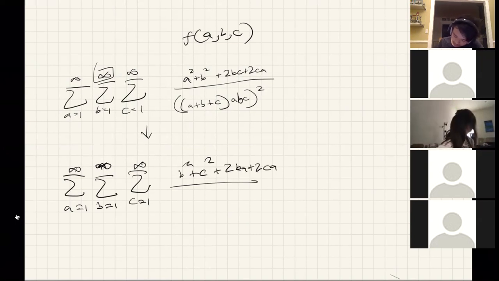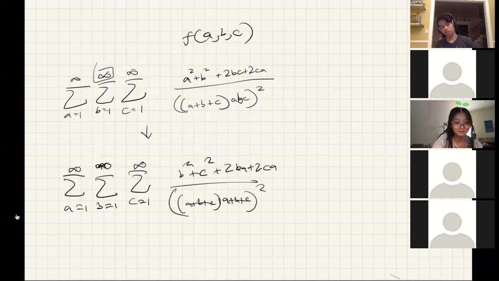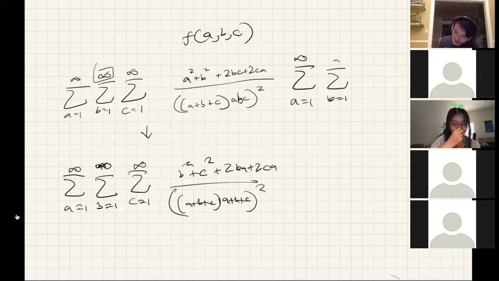Yeah, and then over the same denominator, this sum will evaluate to the same result. And so will this sum over here.